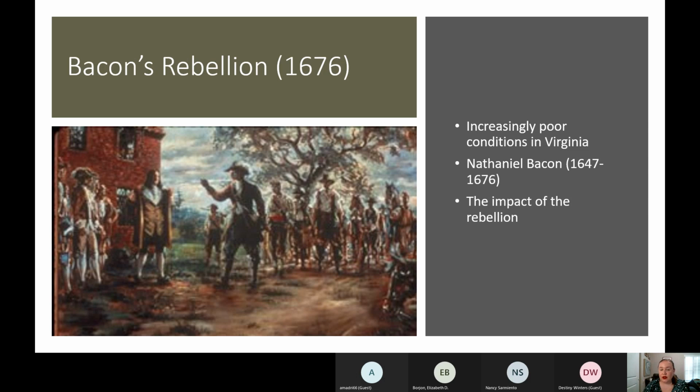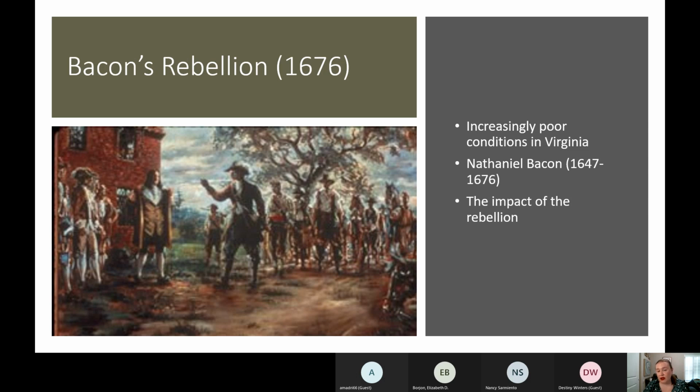And because indentured servants were not required to get land at the end of their contract, oftentimes they were given tools and some money. It wasn't enough for these former indentured servants to be able to buy land of their own and get their own start. So poverty levels among white people in Virginia were rising and starting to match that of poverty levels back home in England.